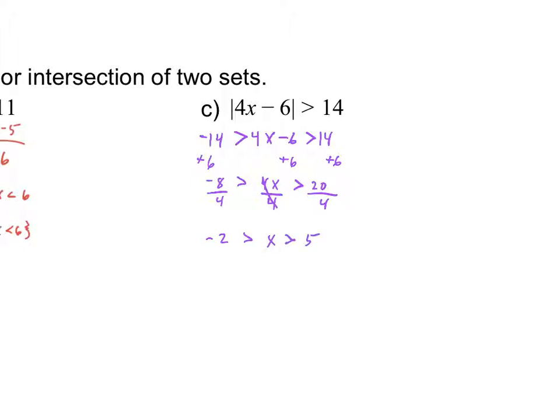And I can rewrite that, of course. So we have x is going to be less than negative 2, and x is going to be greater than 5. So we have, for all values of x such that x is less than negative 2.